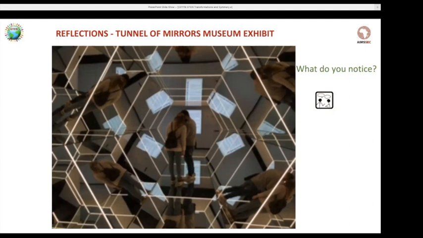It's got open ends. And this exhibition is something that's going around the world, so there's no reason why it shouldn't end up in South Africa and other countries. Some of you might be lucky enough to have it. It's all based on mirrors, light and mirrors and optical images. It's about optics.